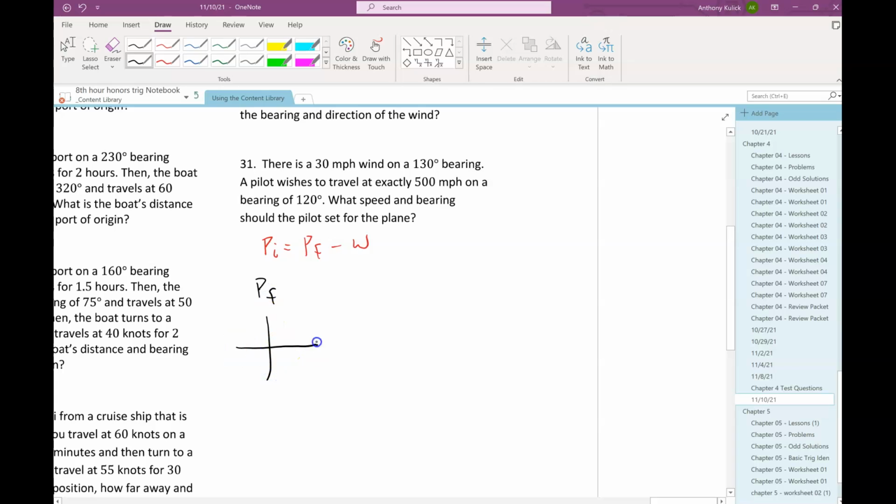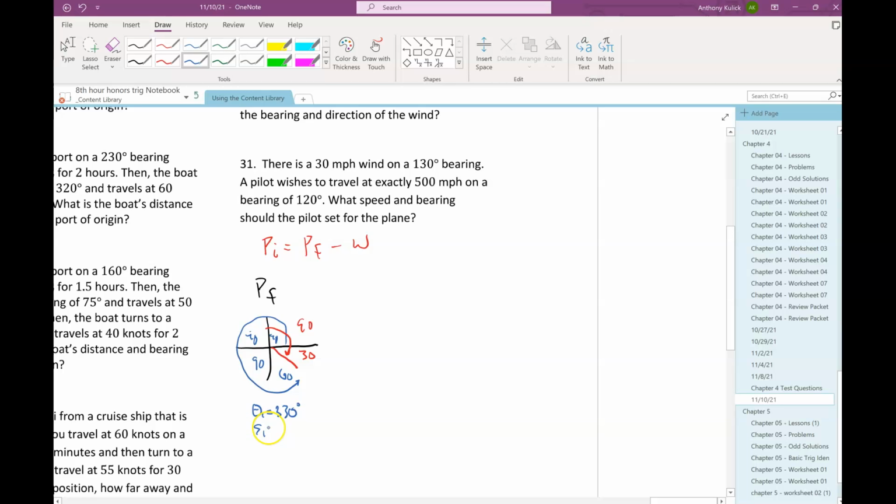So my plane final, the bearing is 120. So 90 and 30 more. That makes 60, 90, 90, 90. So our theta there is 330.